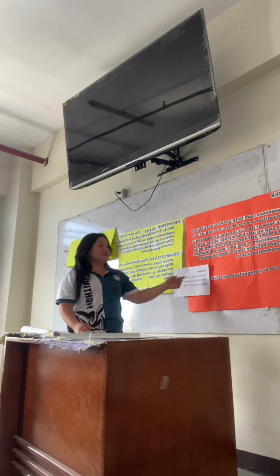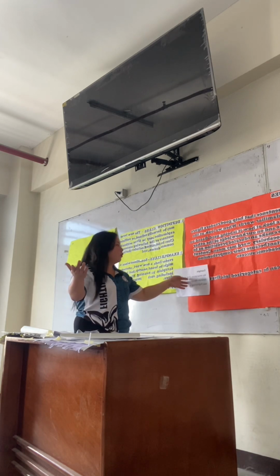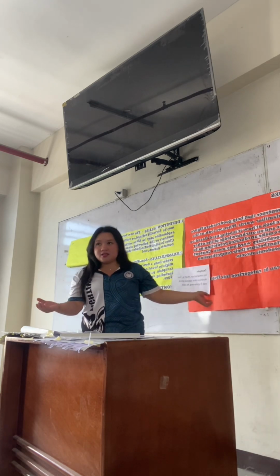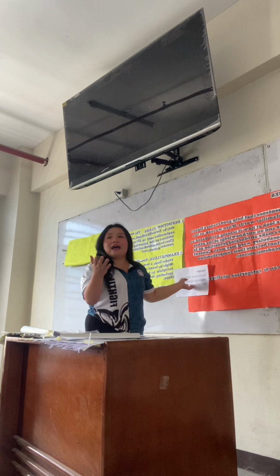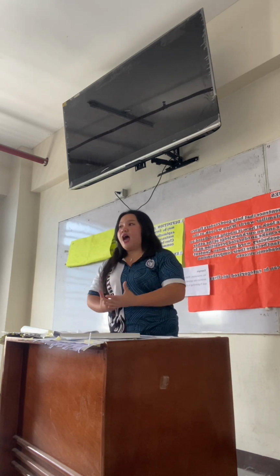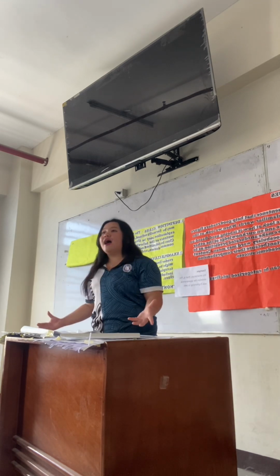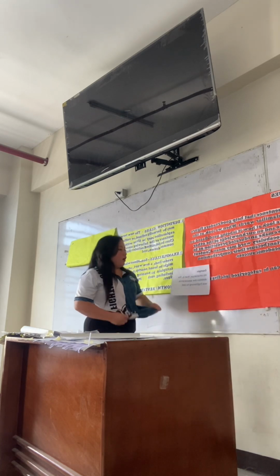So when we see "that is," what is the context clue here? The words "that is." When we see "that is" in a sentence, it introduces the definition or clarification of a word or a phrase.